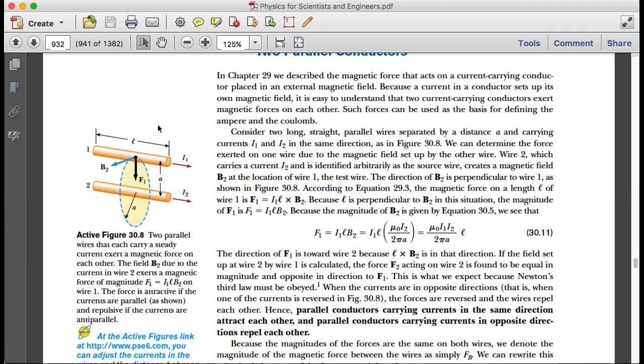The magnetic field in this case is B in this direction.